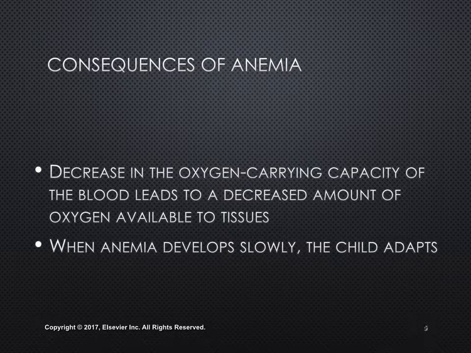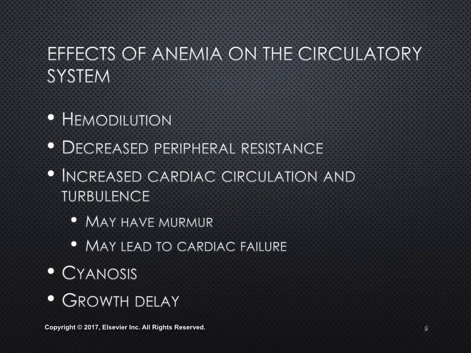In general, when anemia develops slowly, the child's able to adapt, and so we don't see the massive changes. We don't see the tiredness and some of those kinds of things because the child just chooses not to be as active as they might have been if they weren't anemic.